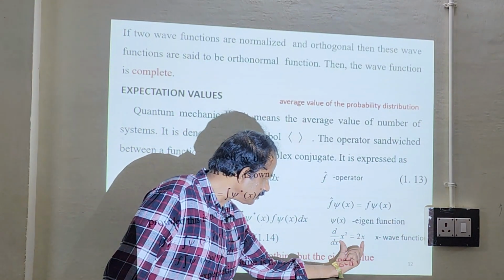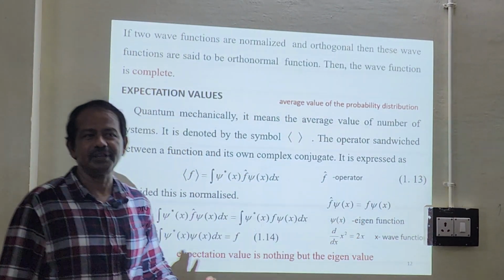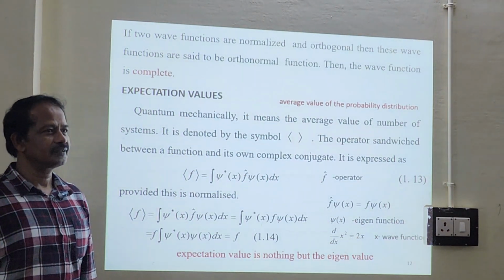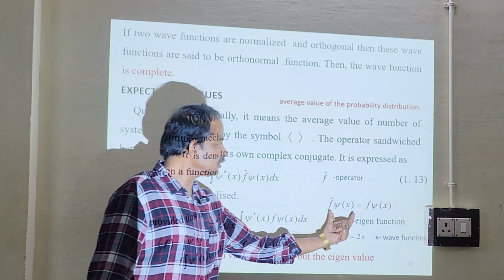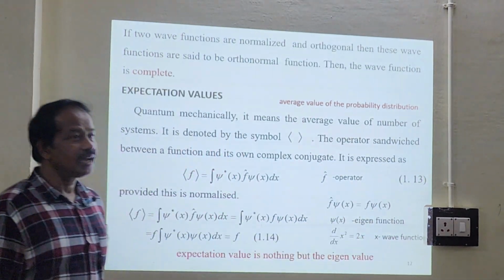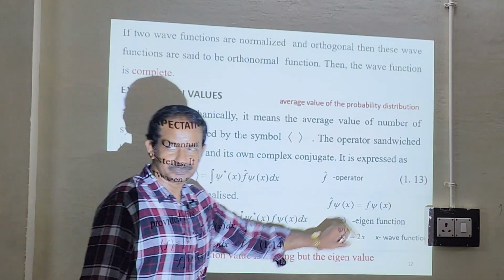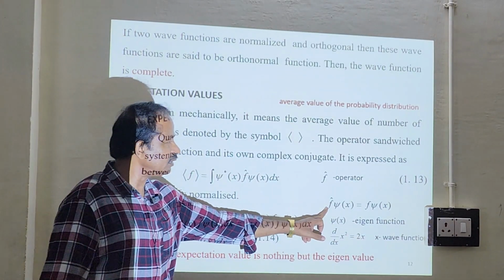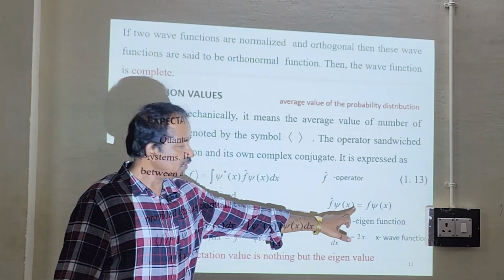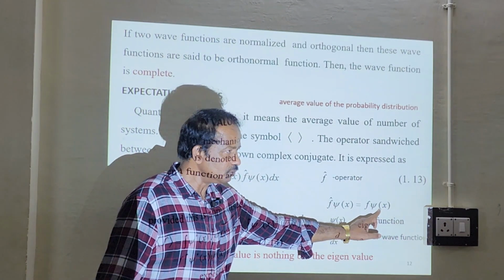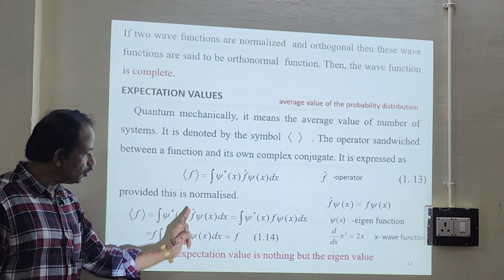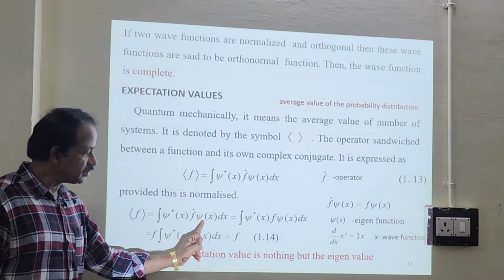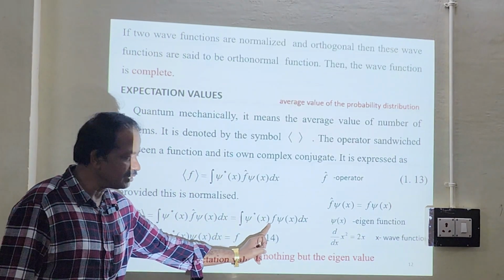If the wave functions are different, we can say simply that it's a wave function. Is it clear? If the wave functions are the same, this is an eigenfunction, and this is the eigenvalue. An operator operating on the wave function gives you an eigenvalue with a wave function.